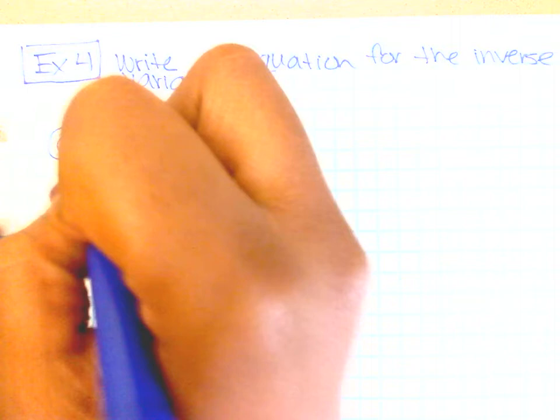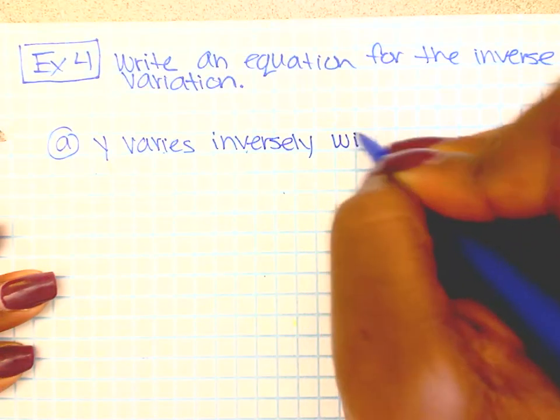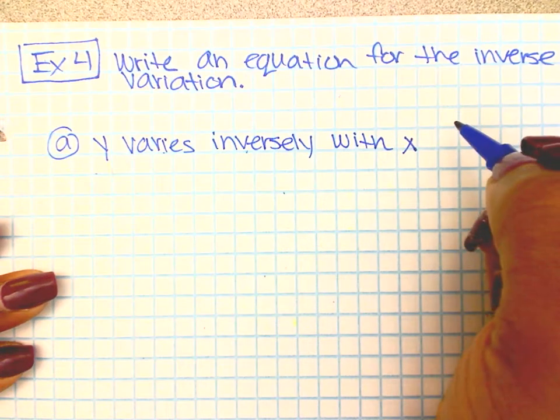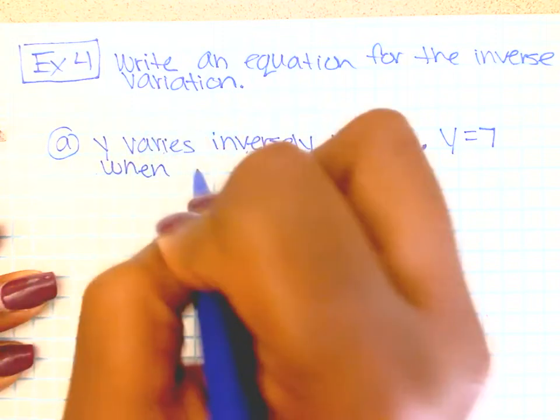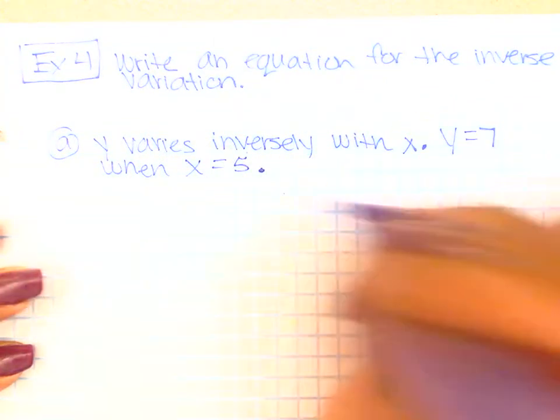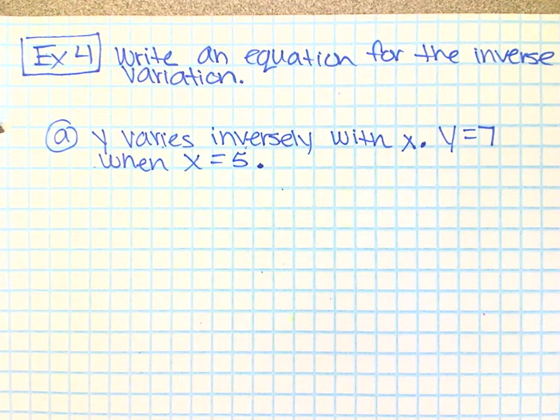Okay. The first question says, y varies inversely with x. Y equals 7 when x equals 5.